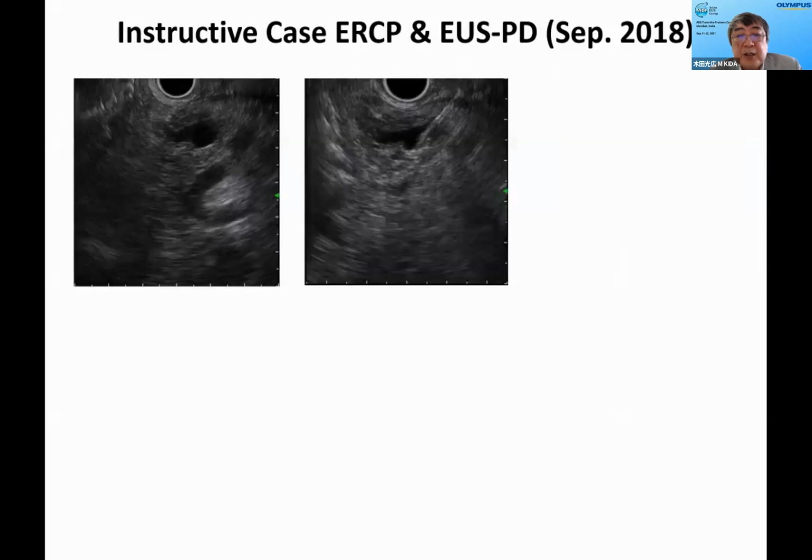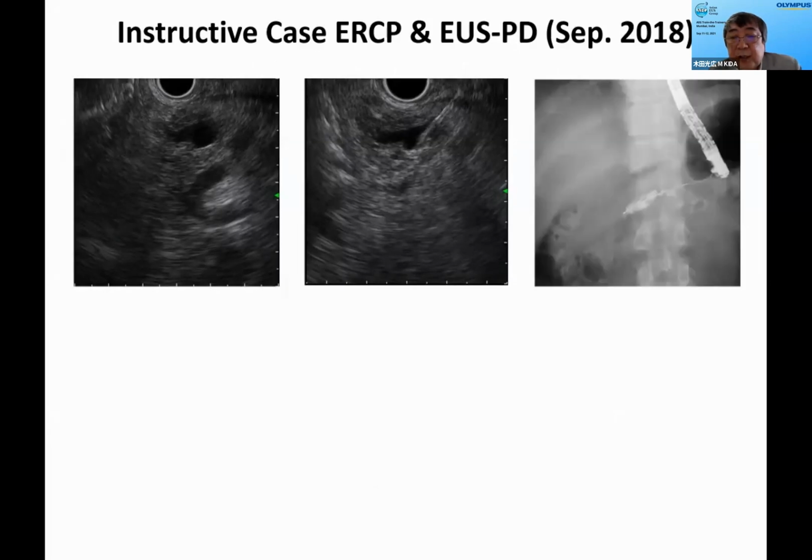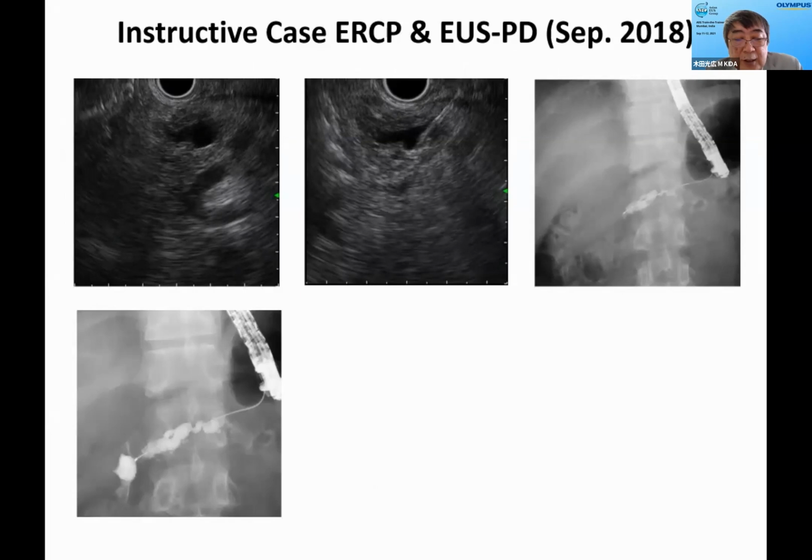And also this is a very instructive case of ERCP and EUS-PD. We tried the EUS-PD at first, so we could lead to the distal MPD. At first, we constantly went into the pancreas head side, but the guide wire could not pass.